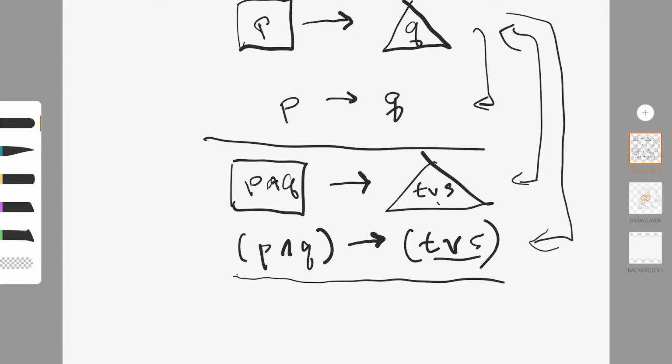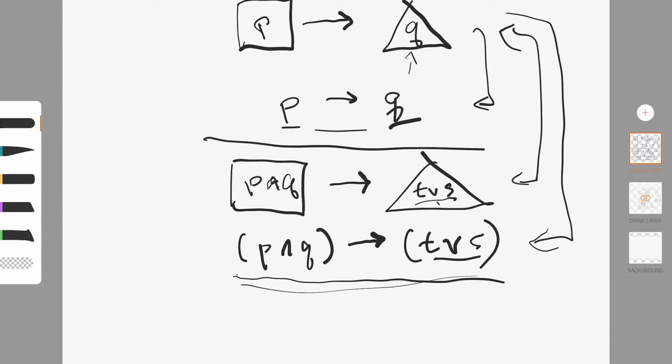Here, just to take one example, the atomic expression P fills the square slot, but here P and Q fills that square slot. Over here, Q fills the triangular slot to generate this expression, and in this case, T or S fills the triangular slot to generate this expression.